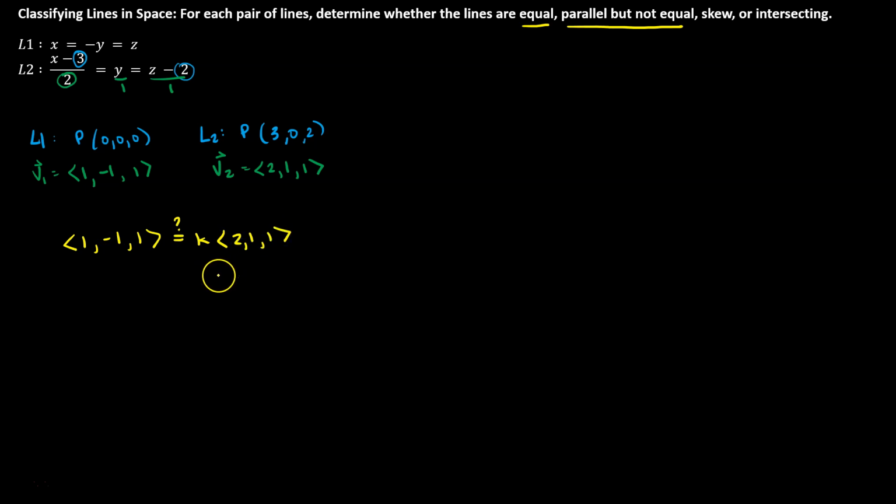If v1 and v2 are scalar multiples of each other, then I can find a single number to plug in for k so that this equation is true. I don't think I can find any number k that will make this work, especially because I can see a negative on the left-hand side and there's no negatives on the right-hand side. So we don't have anything that would make that work, which means definitely not equal, definitely not even parallel. So we know we're looking at another set of skew or intersecting lines.